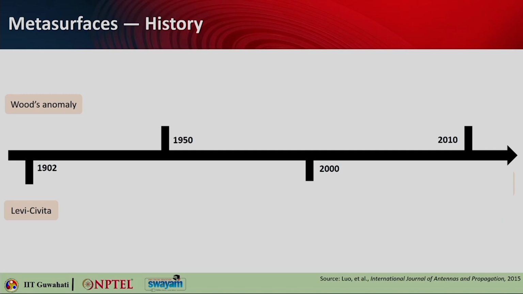So generally speaking, metasurfaces could include some traditional concepts in the microwave domain, such as frequency selective surfaces, impedance sheets, and even ohmic sheets. And in the microwave region, we have seen that the thickness of these metasurfaces can be much smaller than the wavelength of operation.